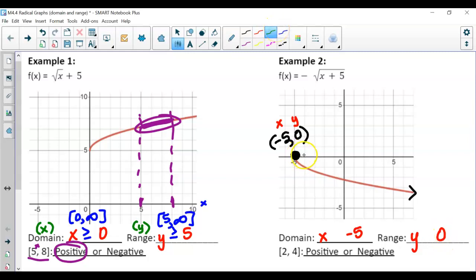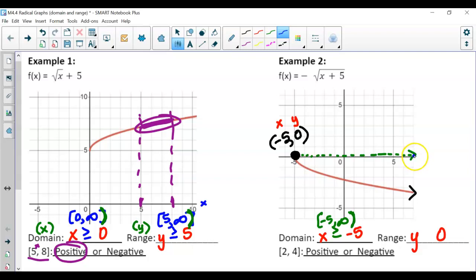So now let's look at the direction. From here, what direction is our graph going? To the right. So again, towards greater, we're going to the right. So greater than or equal to, or -5 to infinity. Now, I realized we're going to need parentheses because you can't include infinity. So there we go. Now our range though is different because now from here, what direction are we going?